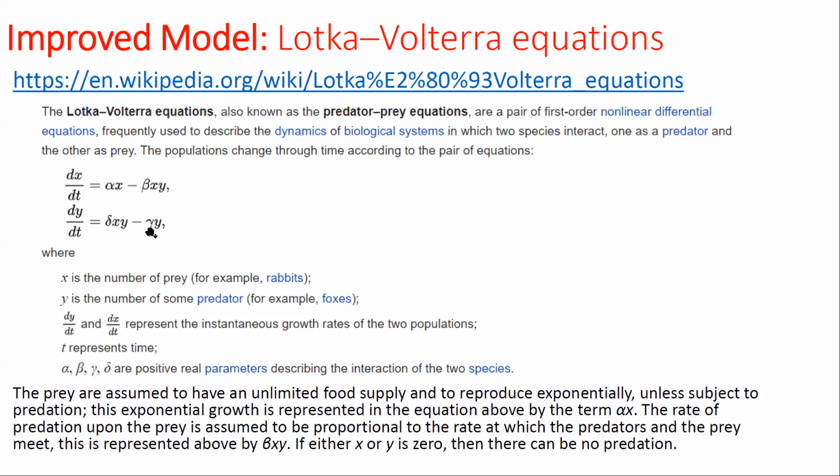And now it's actually decreasing with the number of foxes. So now it's actually the foxes are preying on each other. And then the number of rabbits that I killed, it's now depending on this product of rabbits and foxes. And they're using this as a way to try to take into account how often are the rabbits and the foxes going to meet so that they can eat each other, or so that one can eat the other.